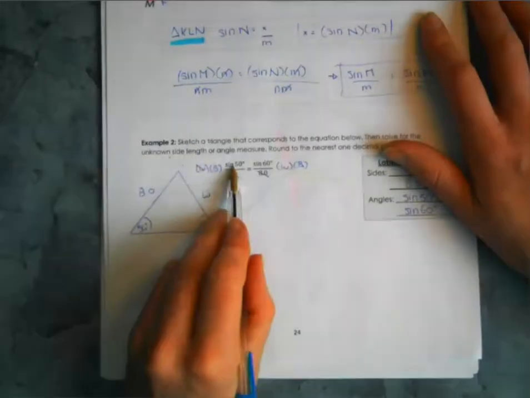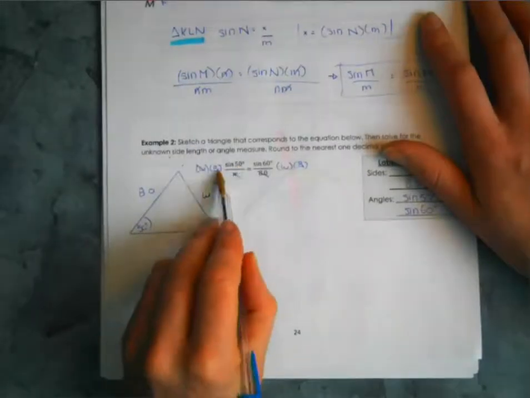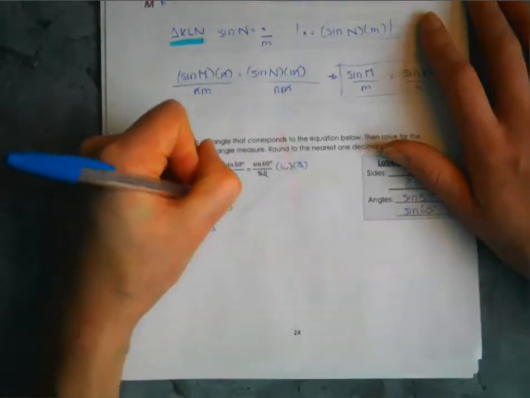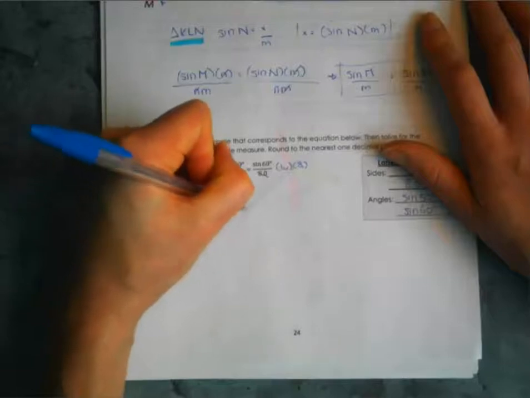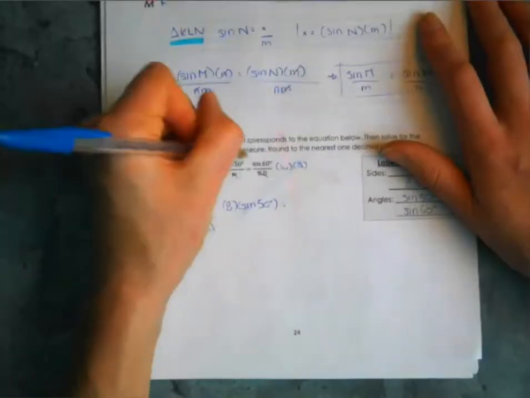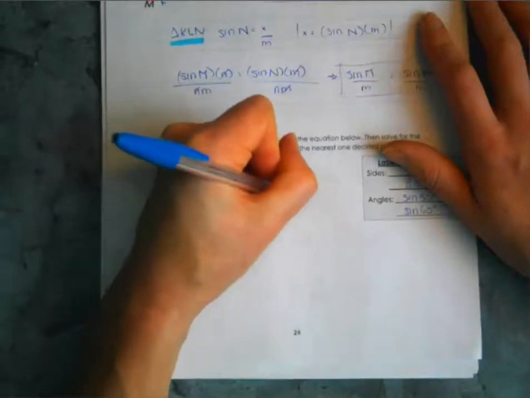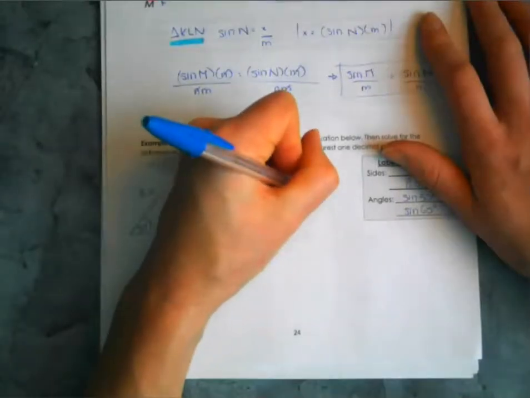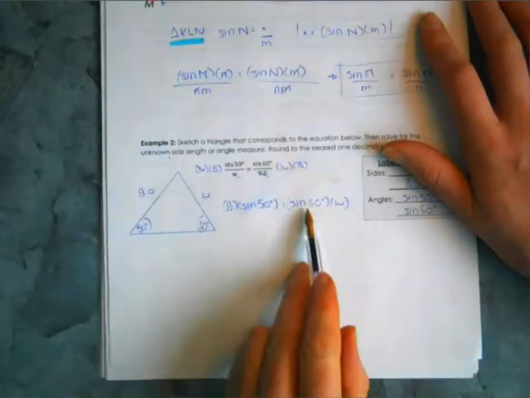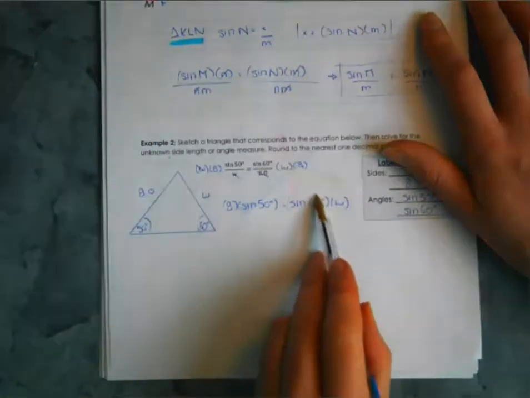Remember, your whole value that's multiplied is always going to go through the top of the fraction. So I'm going to have 8 times sine 50 is equal to sine 60 times W.